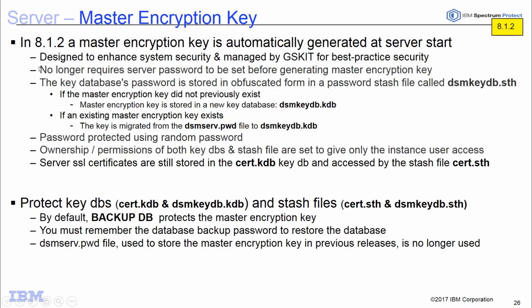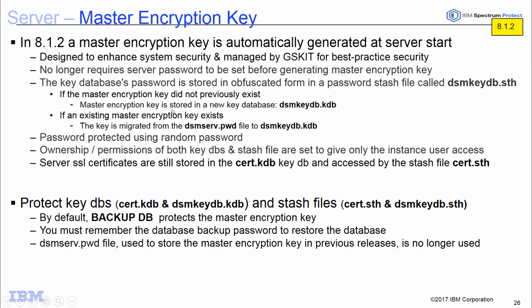You are no longer required to have the server password set before the master encryption key is generated, as was necessary in prior releases of Spectrum Protect. And the key database's password is going to be stored in an obfuscated form in a password stash file called dsmkeydb.sth.